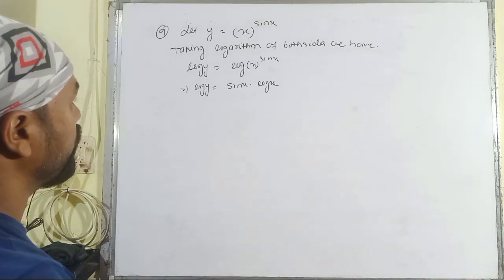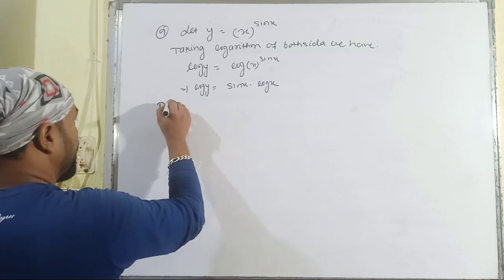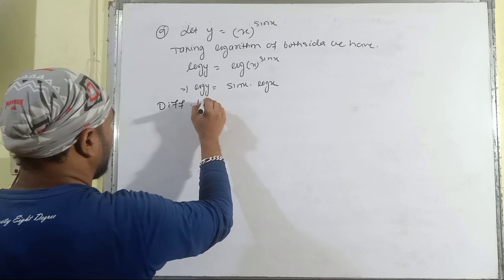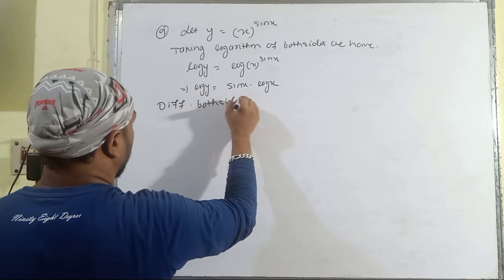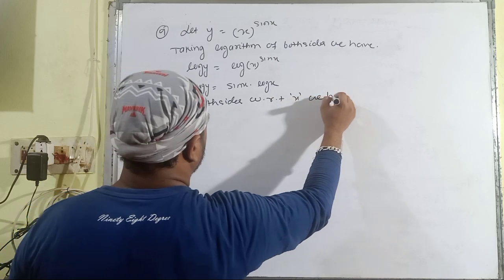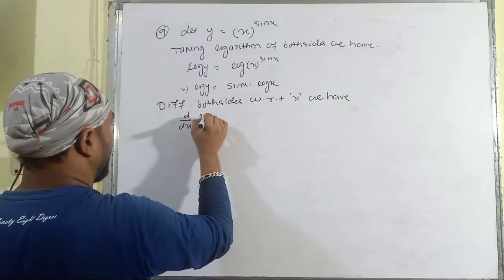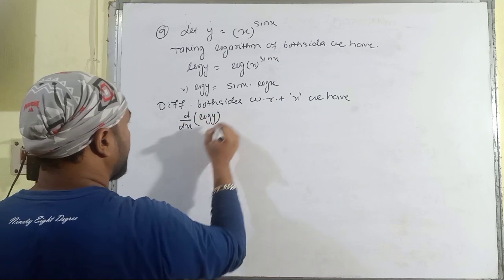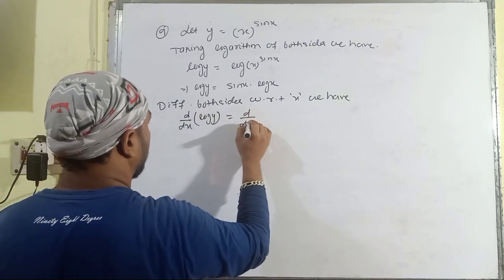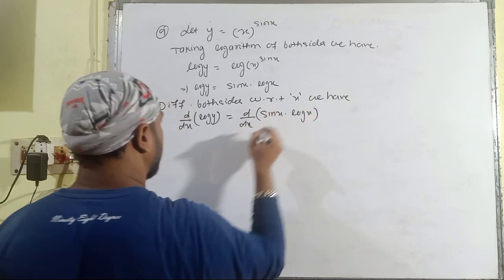Then just we have to differentiate both sides with respect to x. Differentiating both sides with respect to x, we have differentiation of log y, it is differentiation of sin x multiplied with log x.